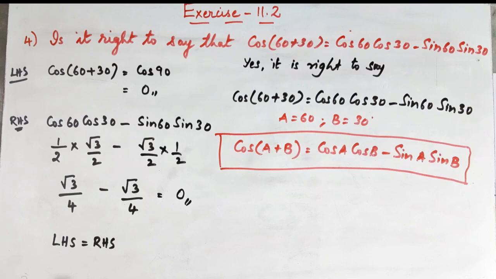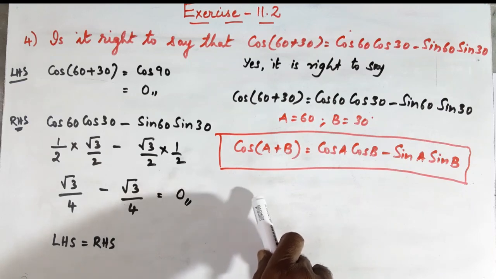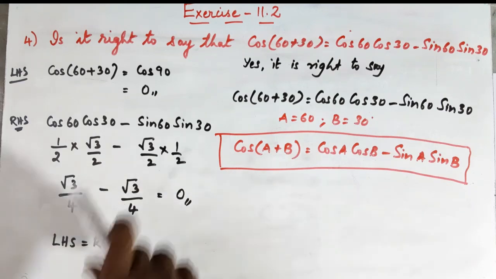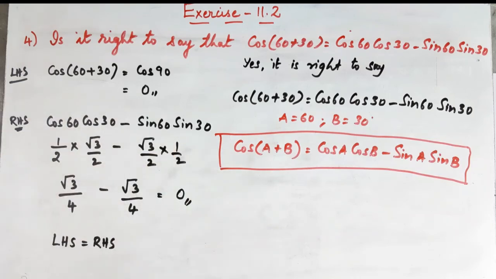Before doing these problems you have to know all the trigonometric values, so that it is very easy to substitute them in the given problem. In my previous video I have given the trigonometric table, how to memorize it very easily.